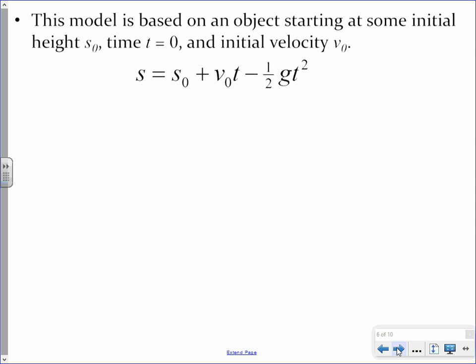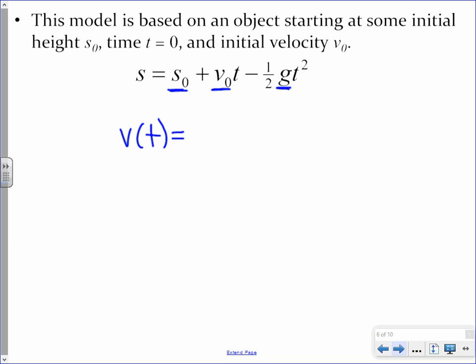Okay, so going back to this equation, this is our position, right? If we were to find our velocity equation, we would take the derivative, correct? Now, S naught, V naught, and G are all going to be constants that you put in.